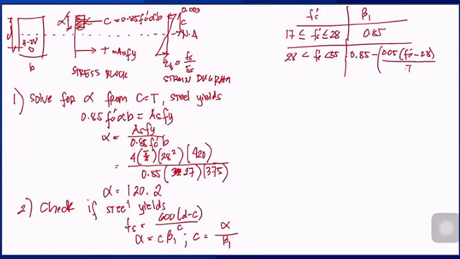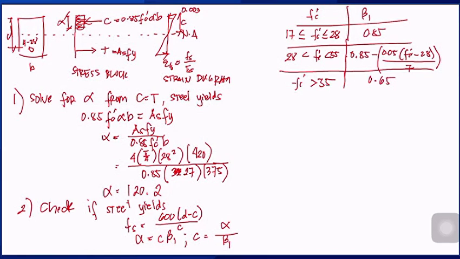So i-check nyo sa NSCP ito, meron sa NSCP. If FC prime is greater than 55, your beta 1 is 0.65. So those are the values of your beta 1.